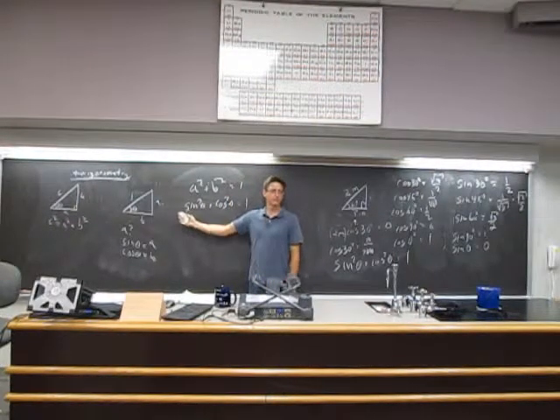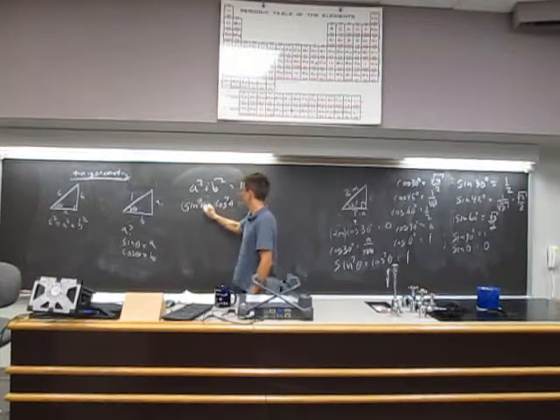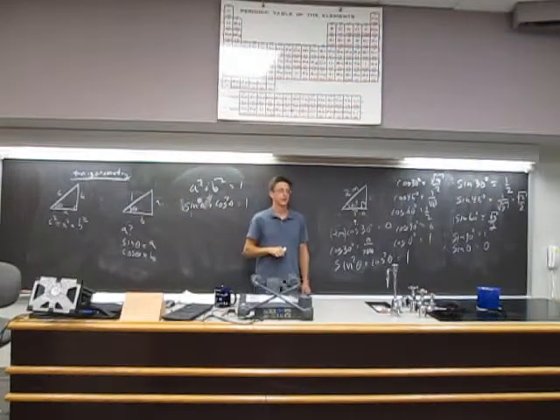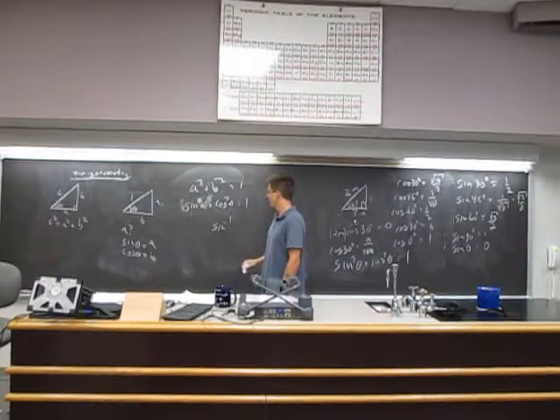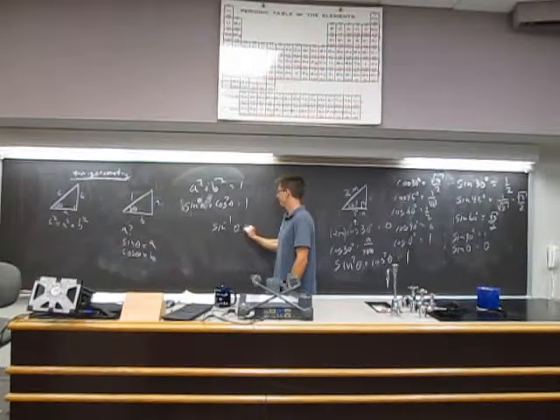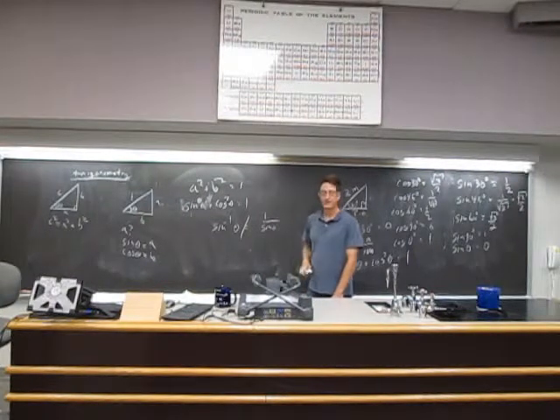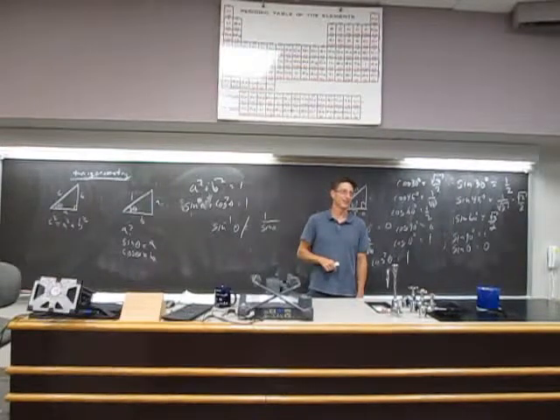You can write this sine squared as rule 2 here. But just remember that the inverse sine of theta is not 1 over sine of theta on your calculator. So it's a slightly confusing notation.